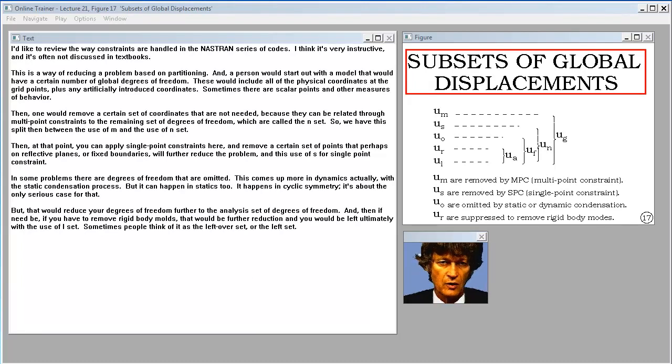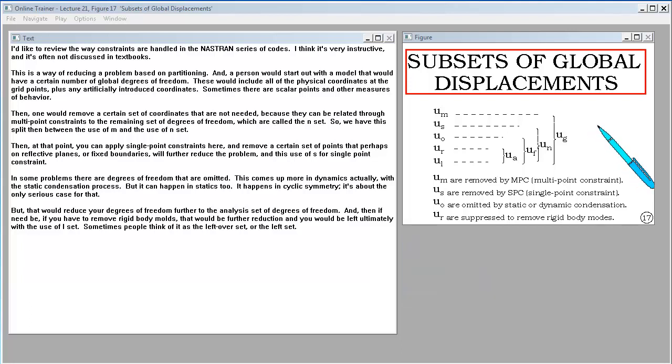I'd like to review the way constraints are handled in the Nastran series of codes. I think it's very instructive, and it's often not discussed in textbooks. This is a way of reducing a problem based on partitioning. A person would start out with a model that would have a certain number of global degrees of freedom. These would include all of the physical coordinates at the grid points, plus any artificially introduced coordinates.